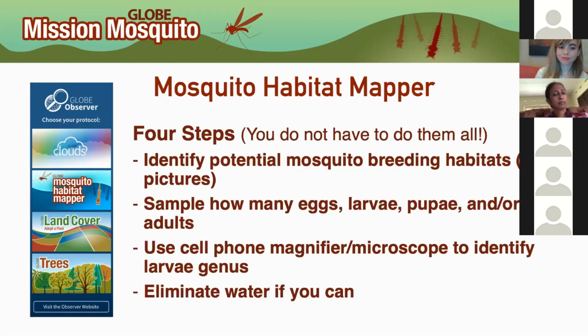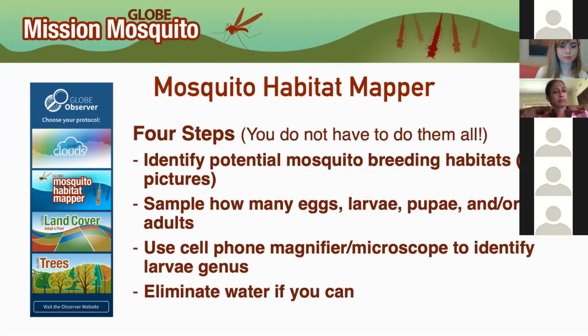Now, if you happen to see some mosquito larvae, the little wiggly babies, and they cannot hurt you at all, they cannot transmit disease, then you can get, and I'll grab one right here and show you, a very inexpensive little cell phone magnifier.